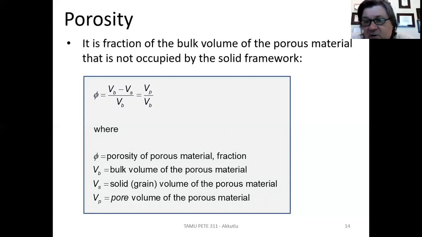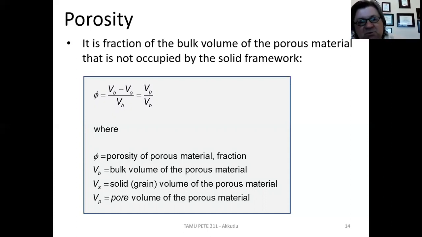Sometimes we call it solid volume, sometimes we call it grain volume. I like to use the word skeleton when we are talking about the pore networks of these bodies. So these are all the same quantity.